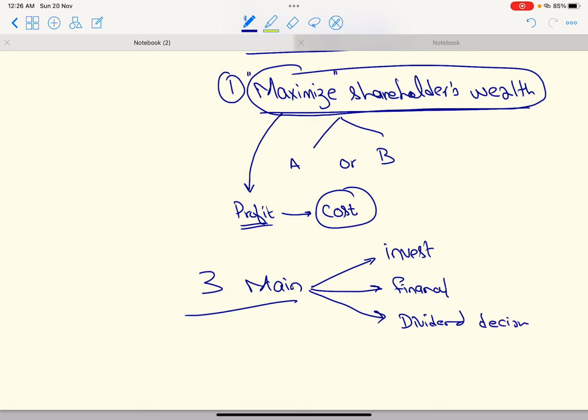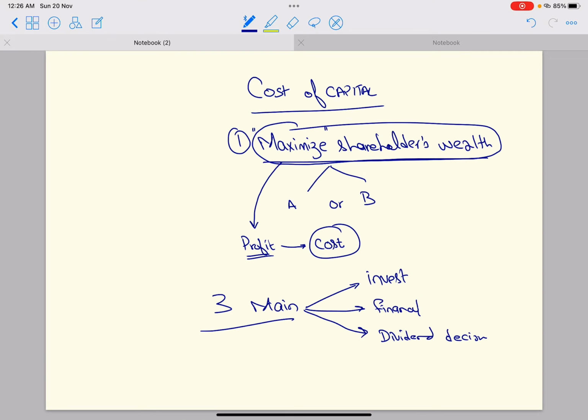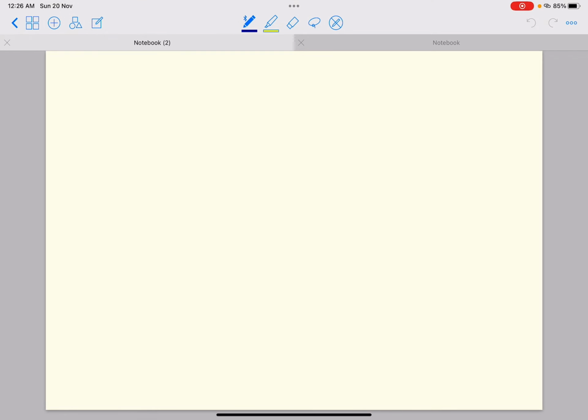Okay. Going forward, the simplest thing is, let's suppose I need 1 million to start a new project, and I'm thinking that I can get a loan for this.